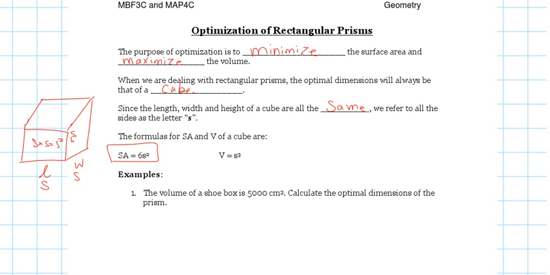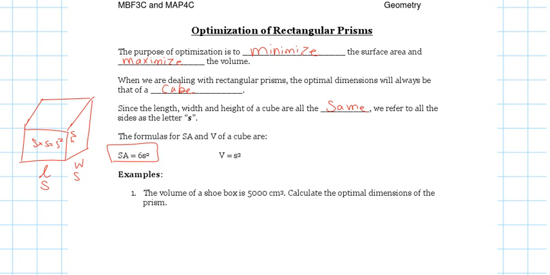So instead of using the one for the rectangular prism, which is 2 times LW plus LH plus WH, I'm going to use the surface area of a cube, which is 6x squared. By the way, this is not on your formula sheet, so you need to know this. The surface area of a cube is not on your formula sheet. Now, what's the volume of a rectangular prism?